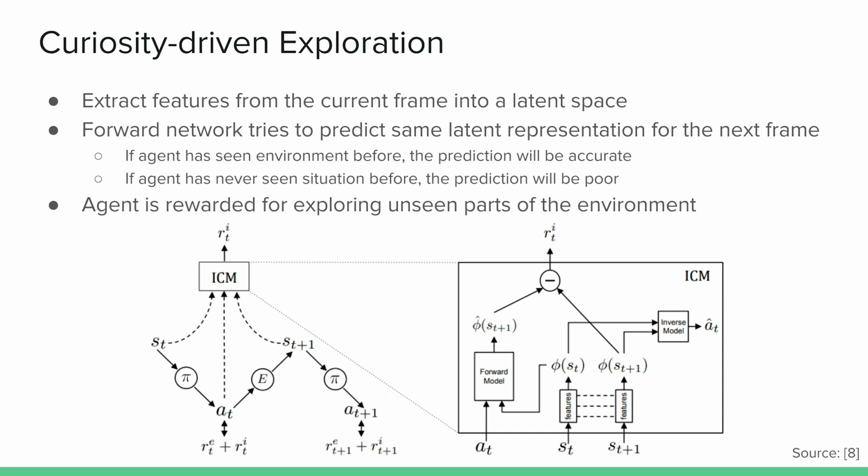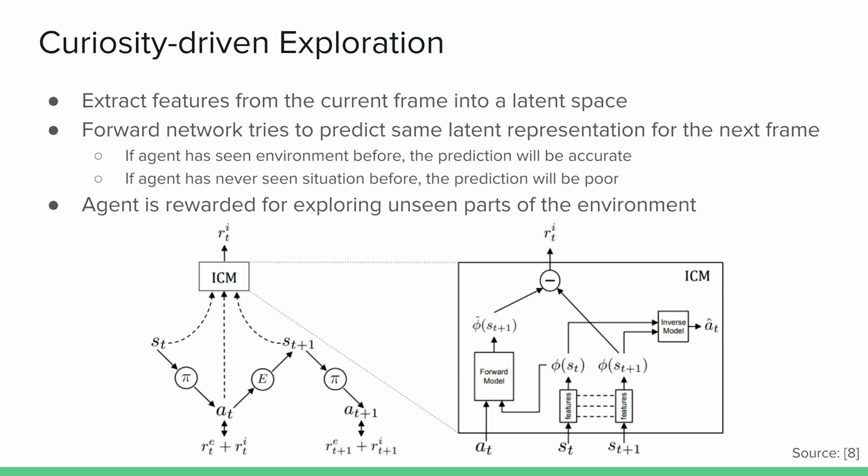So this allows the network to say, okay, what of our environment is relevant and what is not. It's learning this mapping from the current frame into this latent space. And given the latent space representation for the current frame, the forward network tries to predict the latent representation of the next frame.